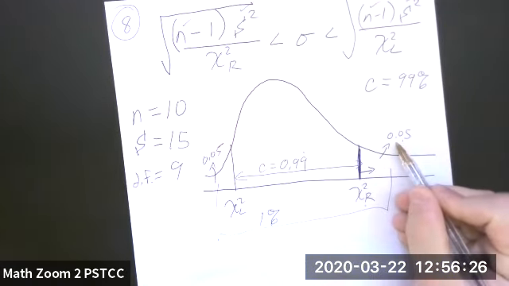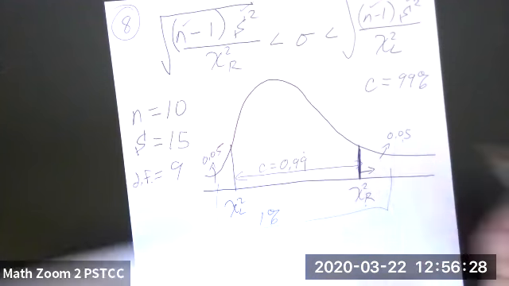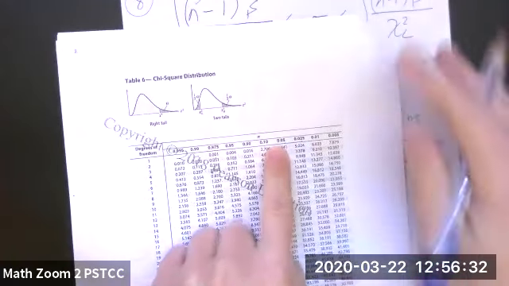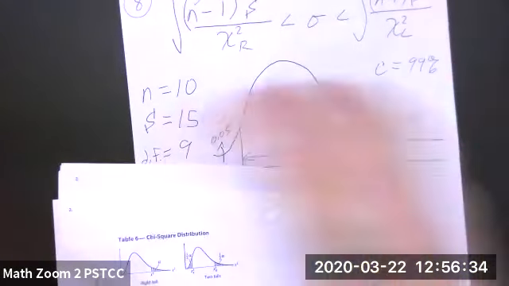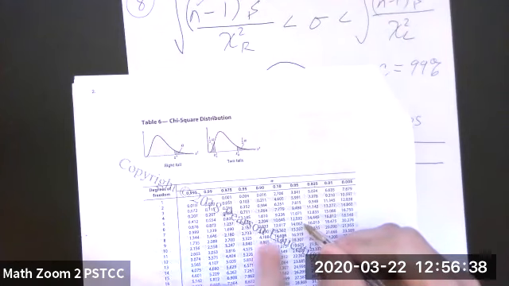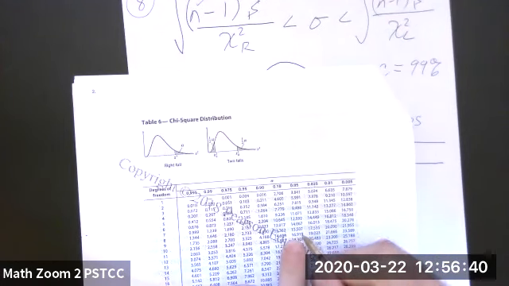The area to the right is 0.05. We go to the 0.05 column on the table. We go down to degrees of freedom of 9. The chi-squared right critical value is 16.919.